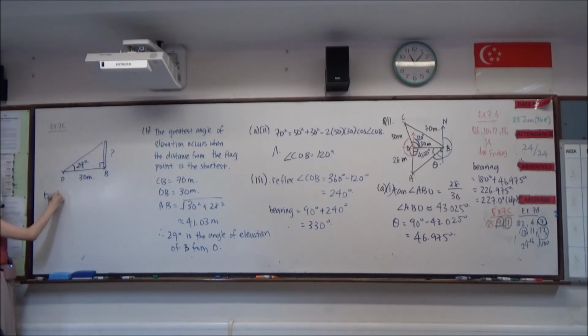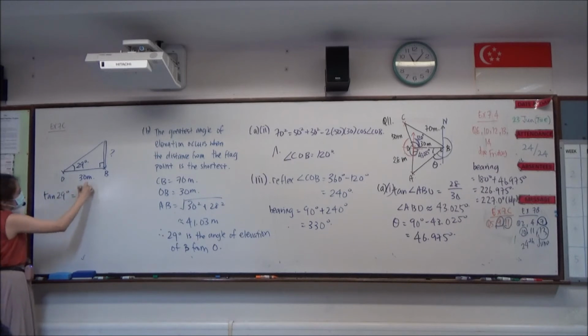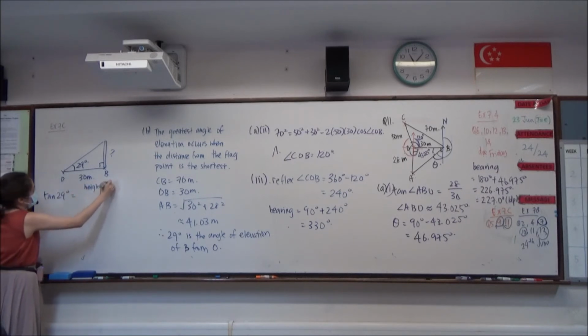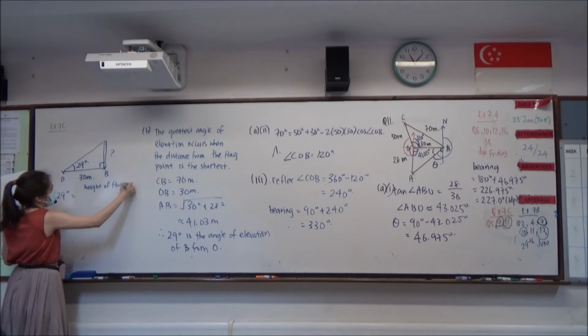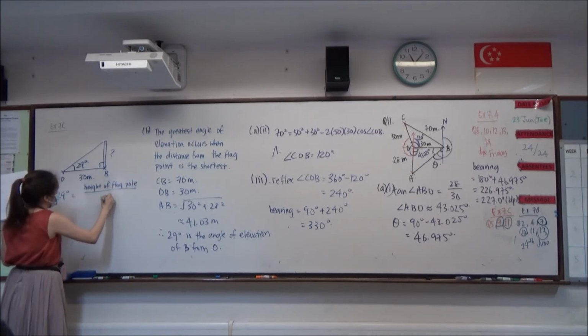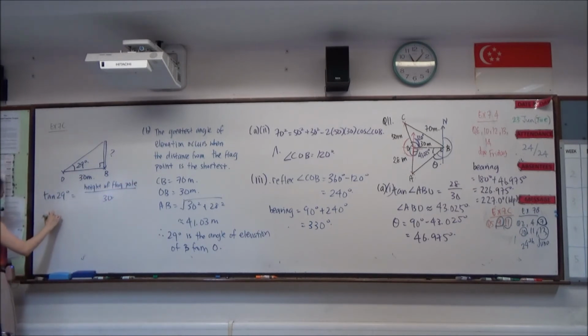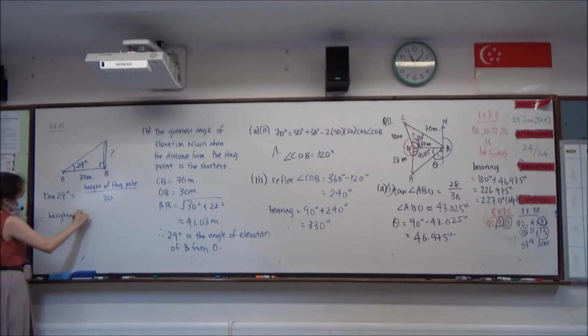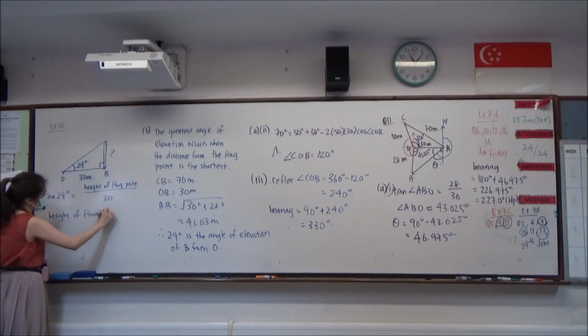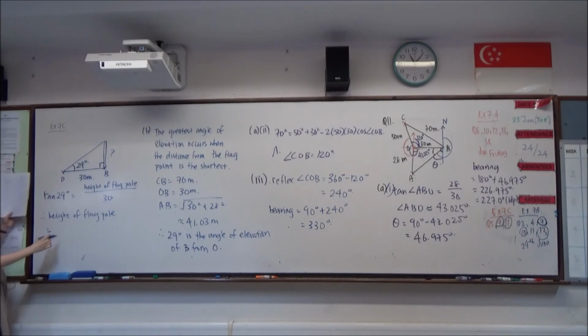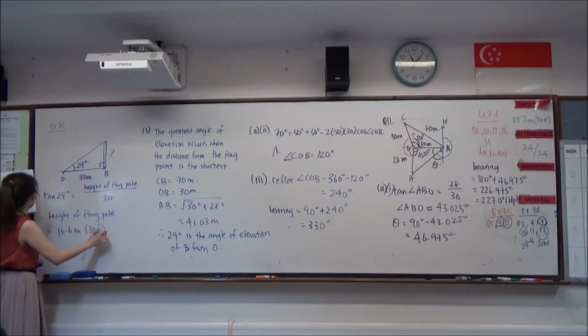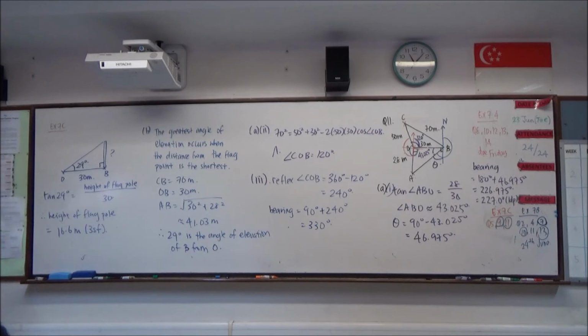So tan 29 degrees is equal to the height of the flagpole over the length 30. Leaving you to do the calculations, the height of the flagpole will be 16.6 meters when rounded to 3 SF.